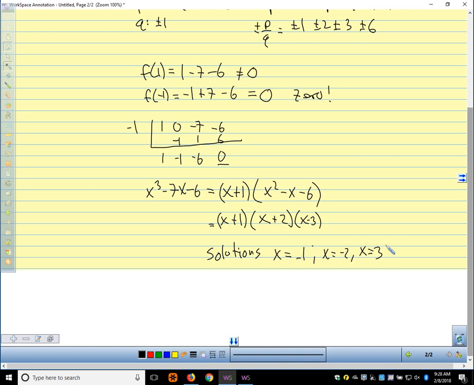Let's look at a higher powered polynomial, a 4th degree polynomial, because here we did one round of synthetic division, and then we could use the quadratic formula or factor. Let's look at one where we have to take one more step.